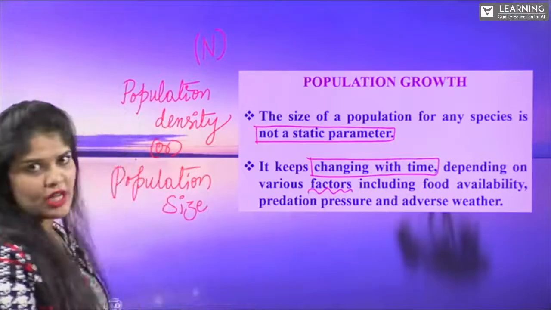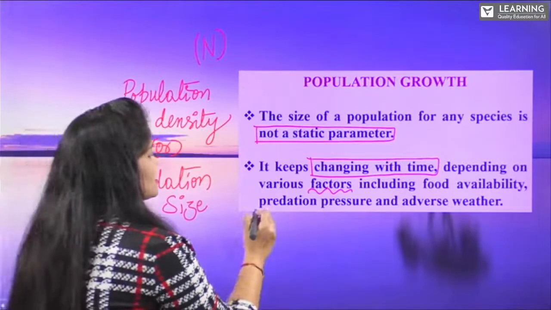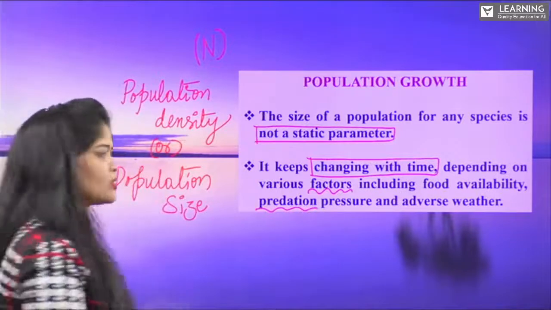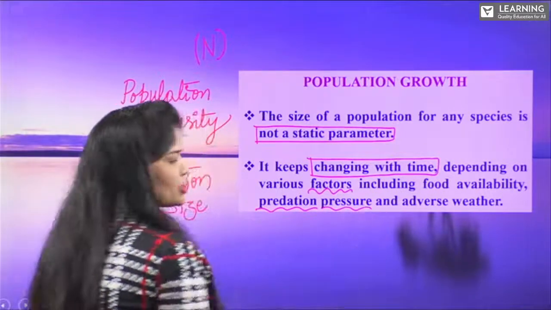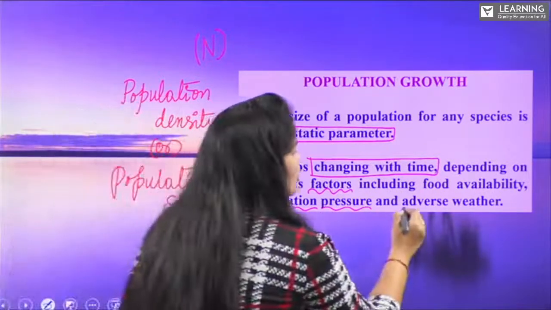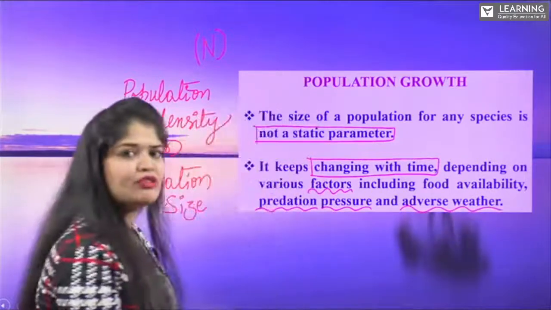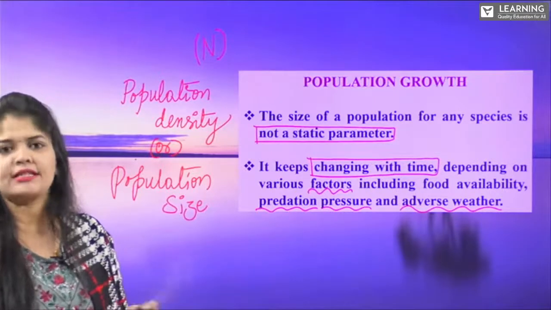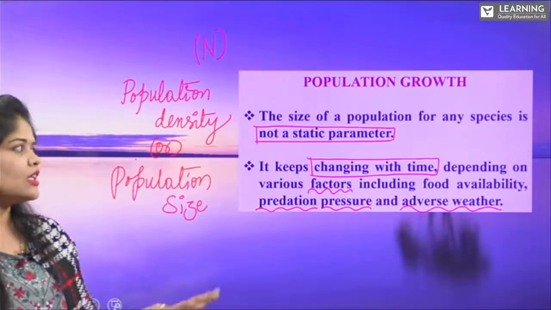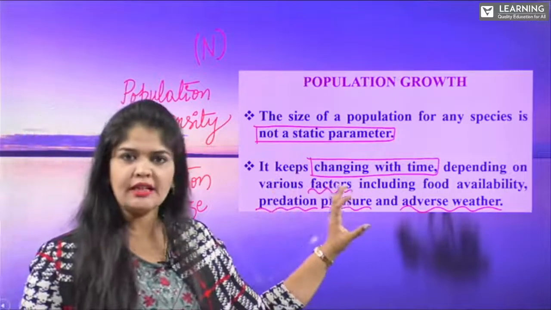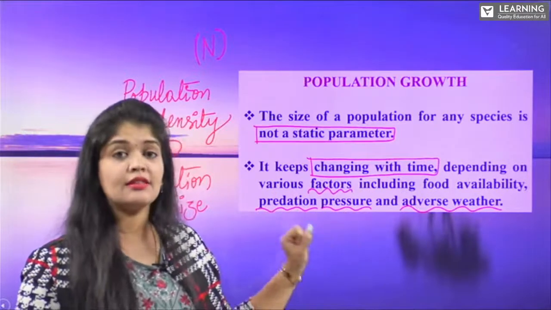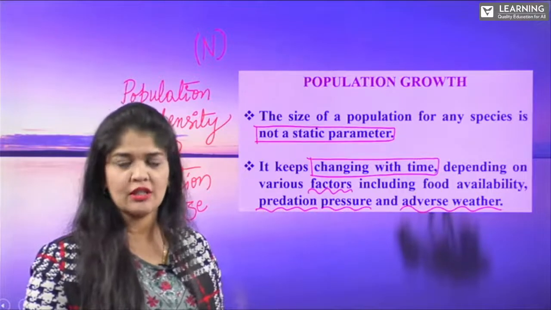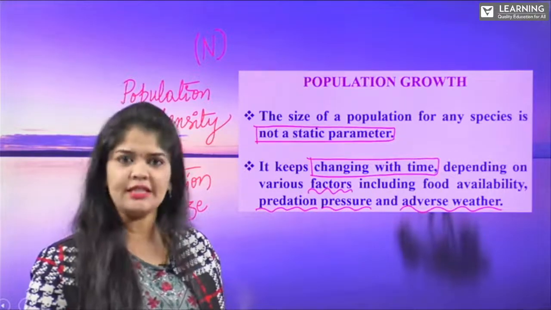Along with food availability, there are other factors including predation threat or predation pressure, and also adverse weather, unfavorable weather, extremes of climatic conditions. These factors are capable of changing the size of the population, that is, the population density.